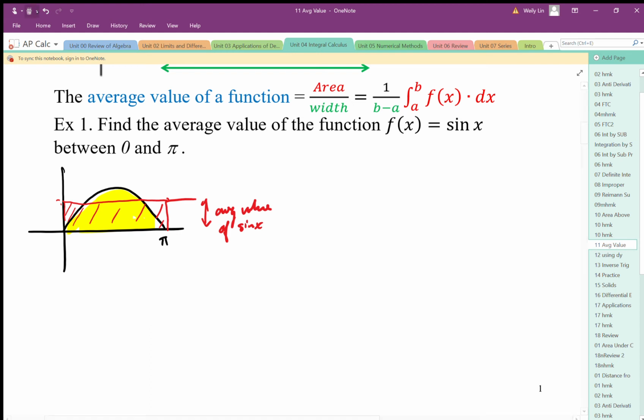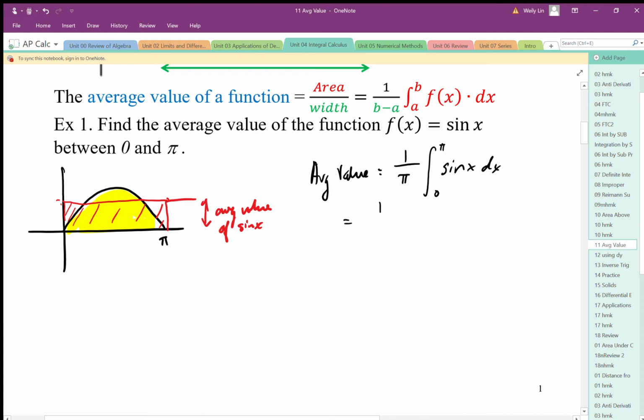So then I'm going to apply the formula, which is essentially what I'm calculating: taking the area, dividing by the width, it's going to give me the height of an equivalent rectangle. So the average value is equal to 1 over the width of the interval, times the area from 0 to pi under the sine x function, divided by the interval pi.